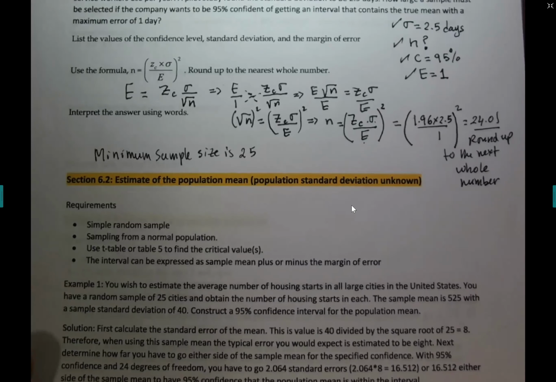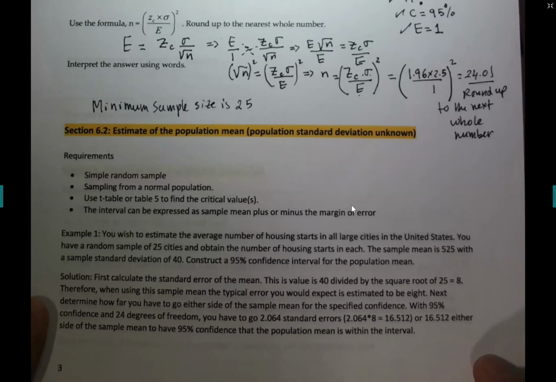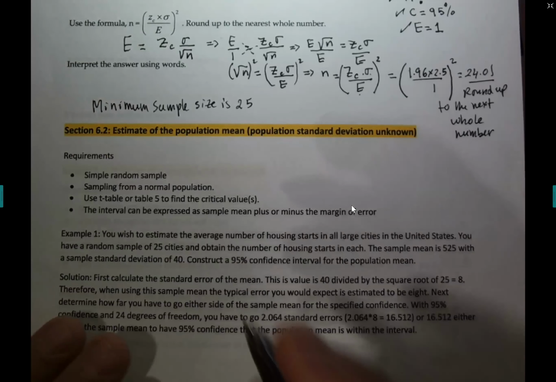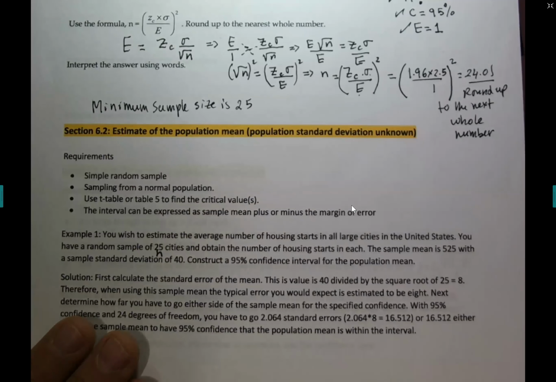All right. Ready? So that's the first example. You wish to estimate the average number of housing starts in all large cities in the United States. You have a random sample of 25 cities, so that's N, and obtain the number of housing starts in each.